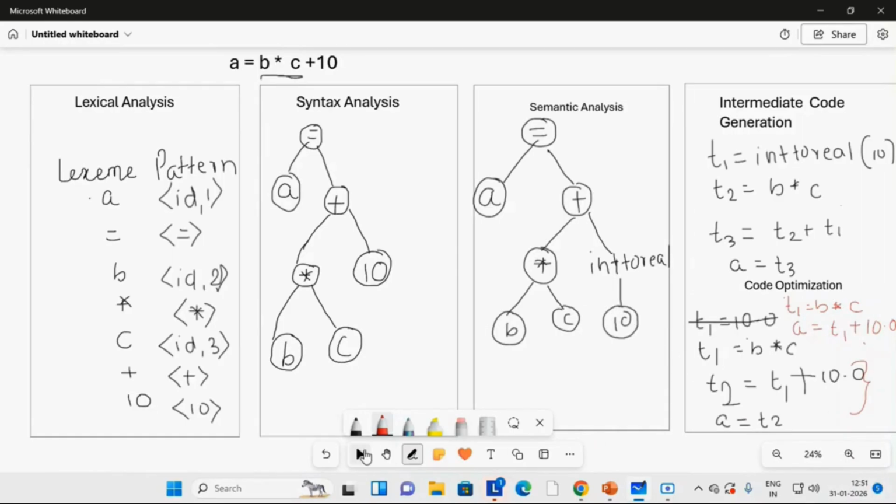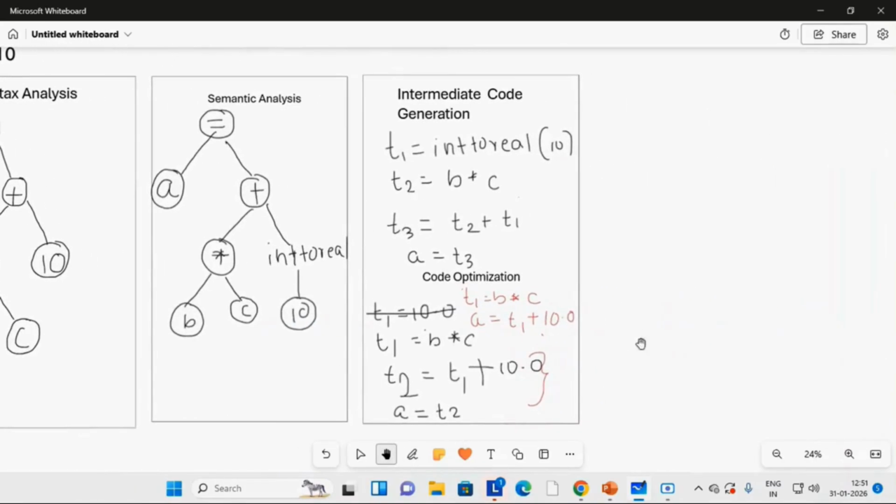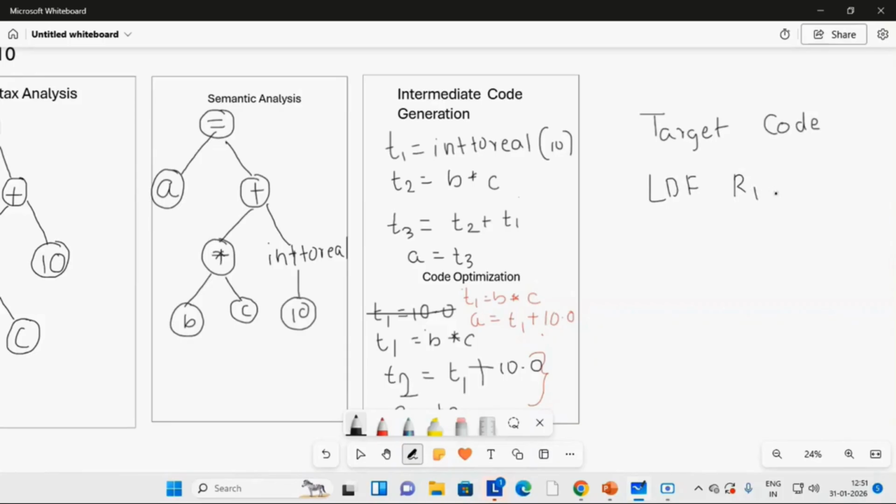Next, we will need to write the target code. For writing the target code, I'll write it here. Now how do I write my target code? First, I will have to load the registers with the values of B and C, because B and C being variables, I will have to first load the values of these variables into registers.